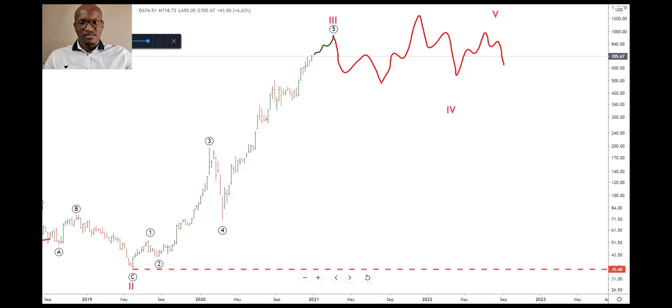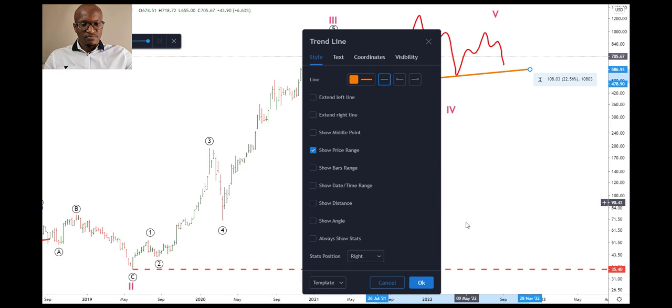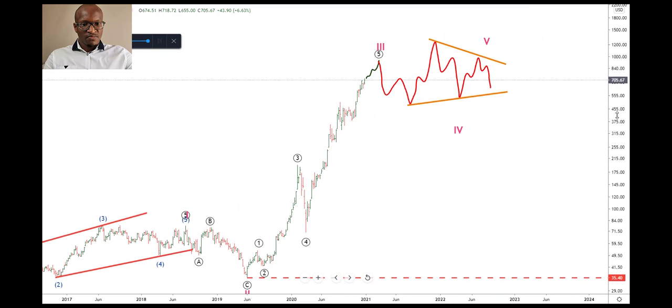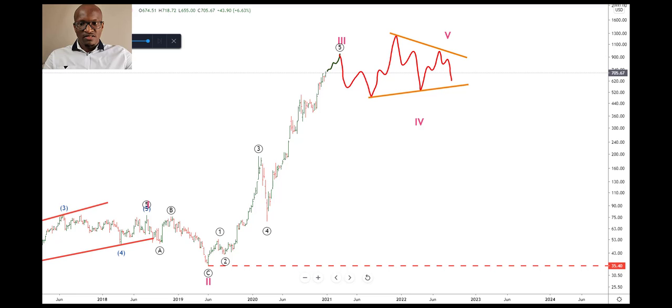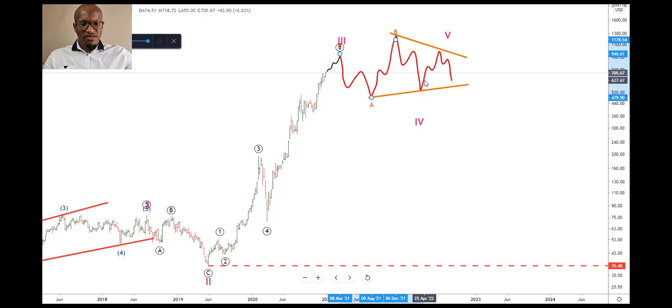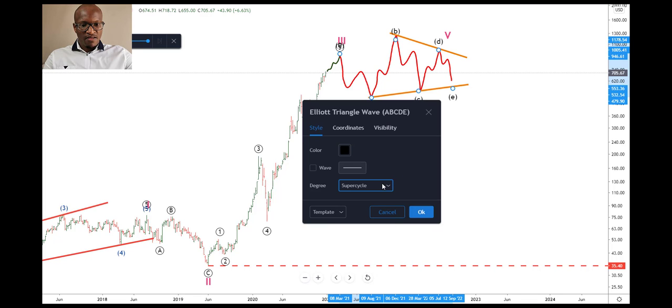Now this wave 4 triangle would give us something like this, which I can label A, B, C, D, E. This is primary.